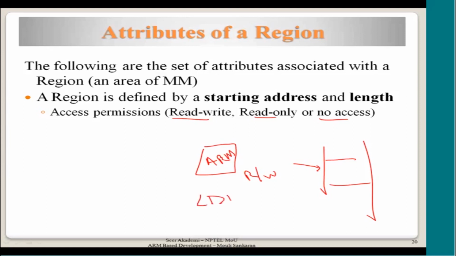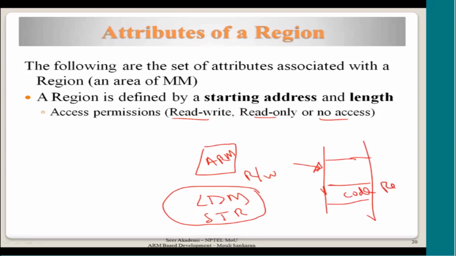Only when it is doing some LDM, LDR or STR, all the load instructions or store instructions. So that is especially for data, and for a code area, it is the instruction. So anyway, there is no read or write for a code area. First of all, a code area has to be read only. Hardly will you find a reason for it to be read write, right?